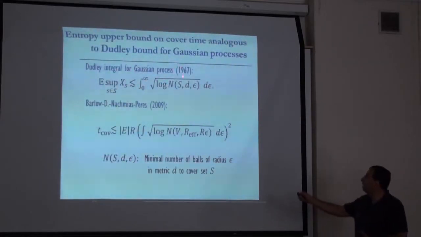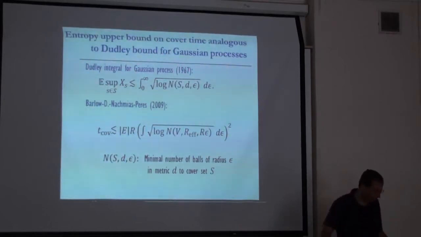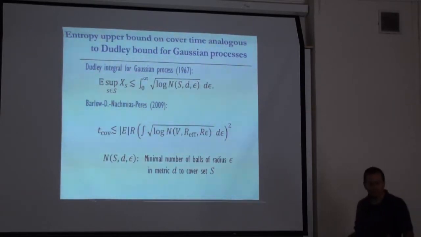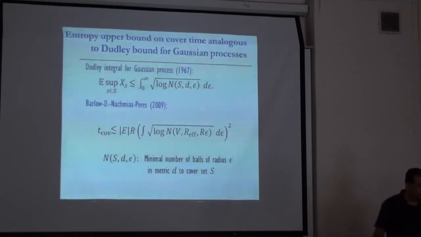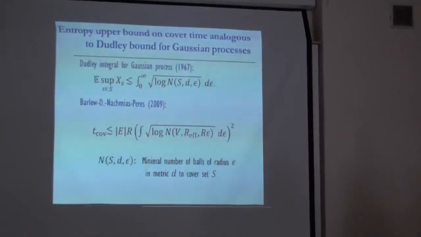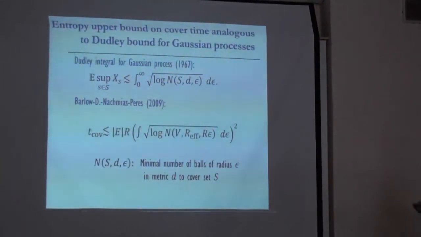Okay, so from the early 60s to 1990, there were about 30 years of activity on trying to get very precise bounds for Gaussian processes, usually over very fancy spaces, in order to understand continuity and boundedness properties of these Gaussian processes. And one key bound, an early bound but very effective, is this Dudley entropy bound.